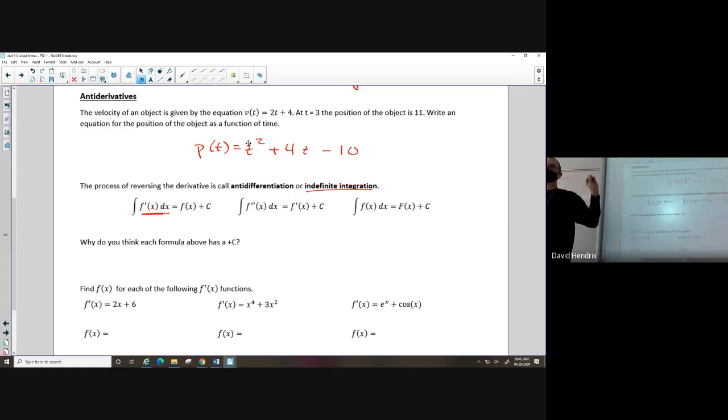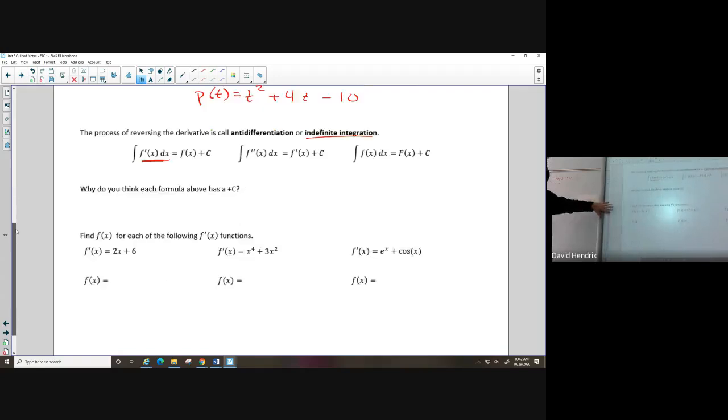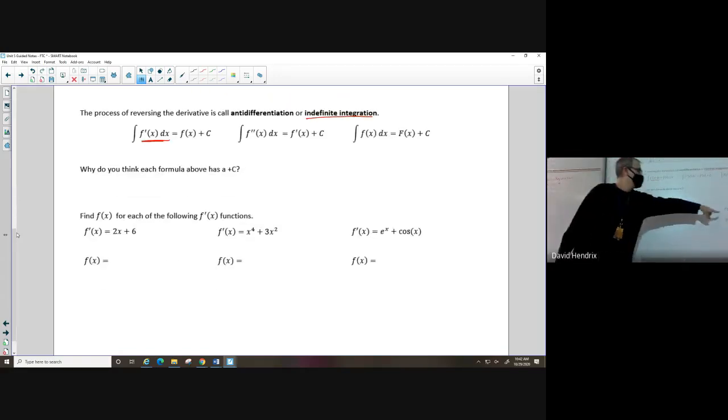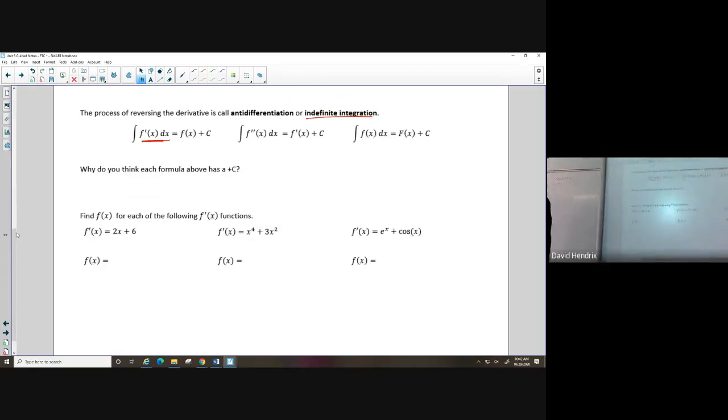That makes sense? All right, so I want you to try these real fast. See if you can figure out what these might be. What would f of x be? So find f of x for each of those. See if you can figure that out. You should be able to take the derivative of this and get that.